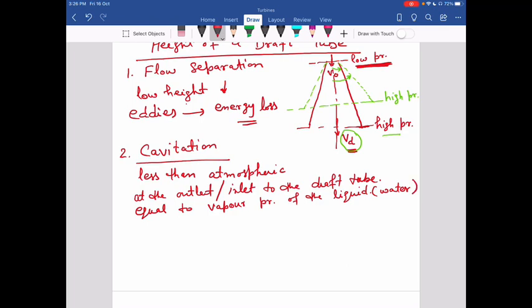Now, when that pressure becomes equal to the vapor pressure of water, so at normal temperature, the evaporation, or you can say the boiling of water starts.